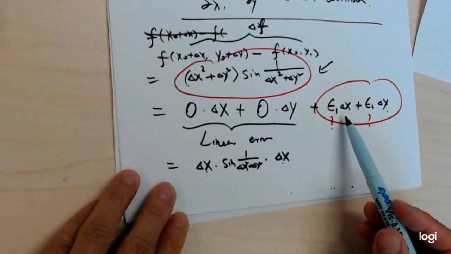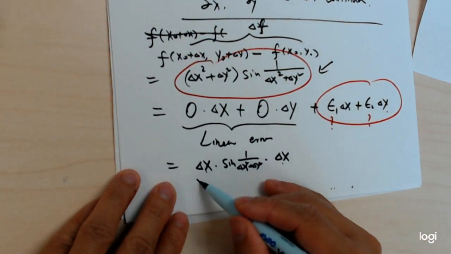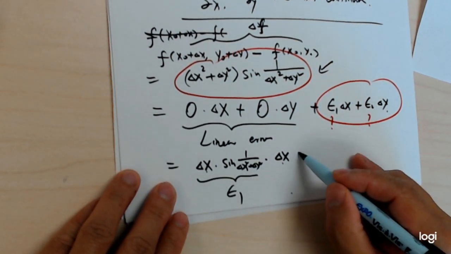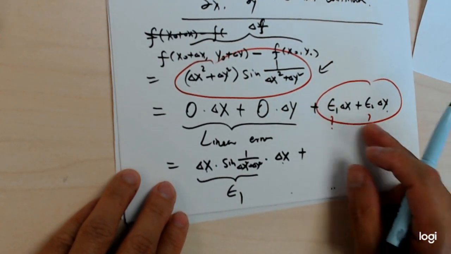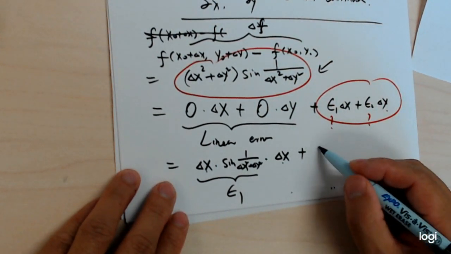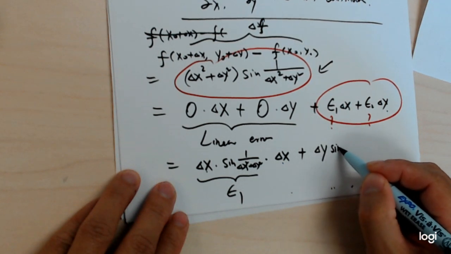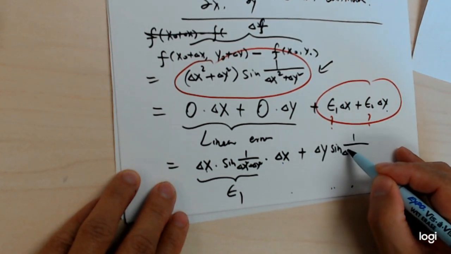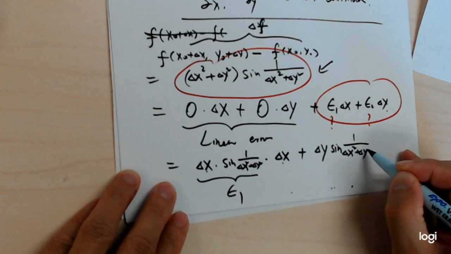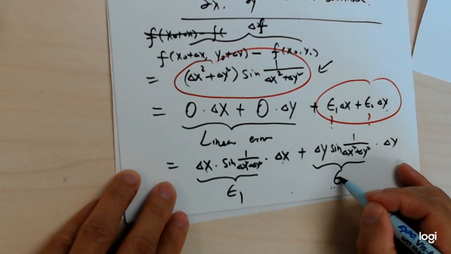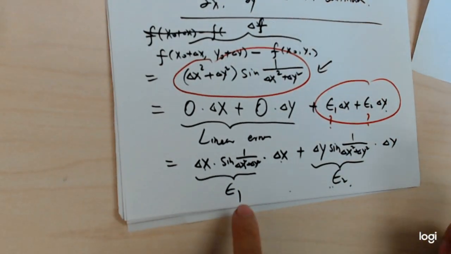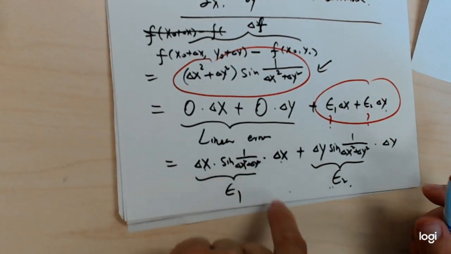So that's like the first component, and that's my epsilon 1. So I'm rewriting this expression into this format, okay? I know it's kind of tricky, but that's the way to go, okay? And this is my what? Epsilon 2.